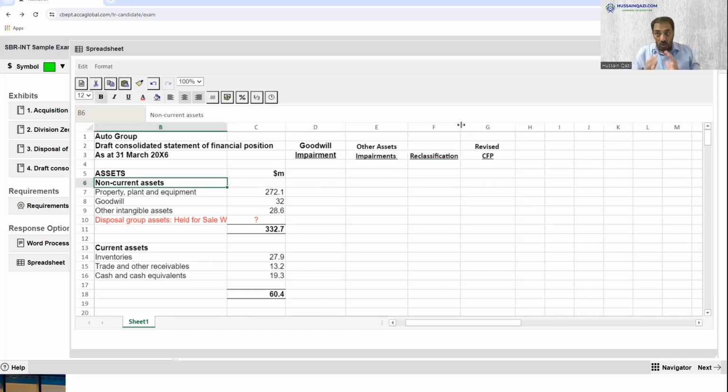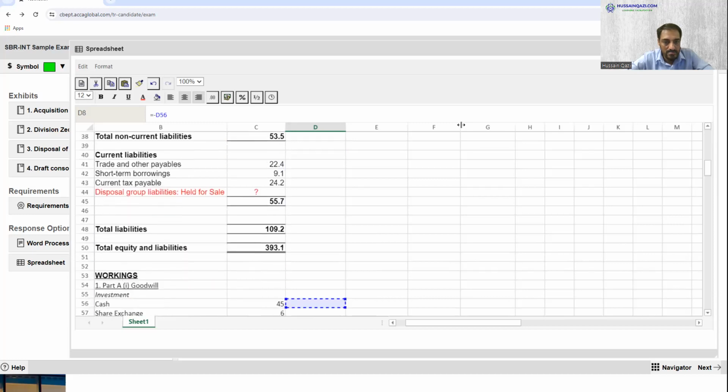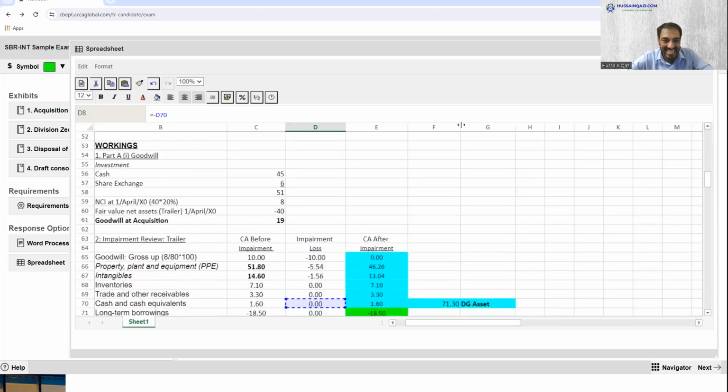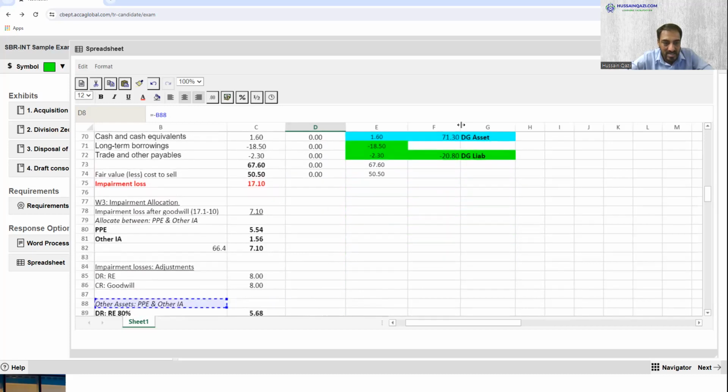Now come on, you must be very much conscious about the plus minus sign. Number one, goodwill impairment. Goodwill should be adjusted with this figure. You can connect the goodwill adjustment with here, not the 10. Be careful, here only 8.